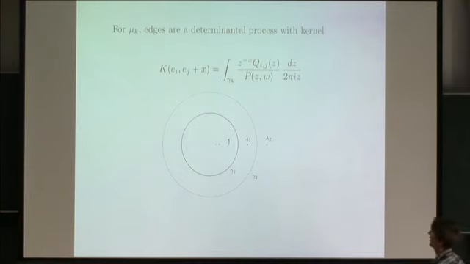In each annulus, there's a different Laurent expansion, and those different Laurent expansions actually give you the coefficients in the kernel of the determinantal process defining this edge process. So this slightly obscure thing you learn in complex analysis actually has some probabilistic use here. I'm happy with this because I taught complex analysis very recently.